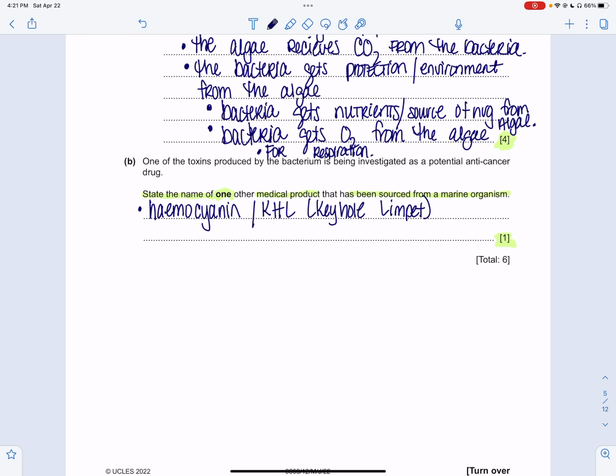So it is a mollusk, and scientists will extract hemocyanin from it. Or a marine cone snail, and that would be, I believe, for cancer treatment.